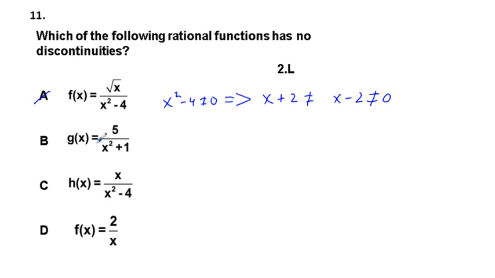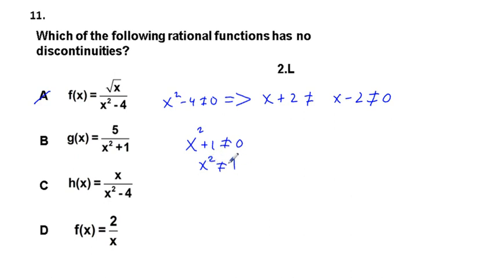This one here, if we set x squared plus 1 cannot equal 0, and we solve by subtracting 1, x squared cannot equal negative 1. Can we solve by the square root method? No. There's no real number that will make this work.